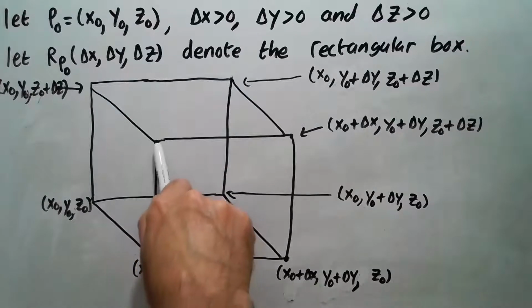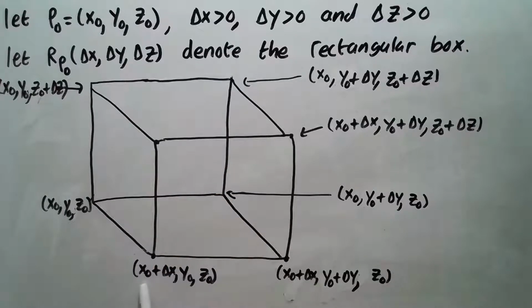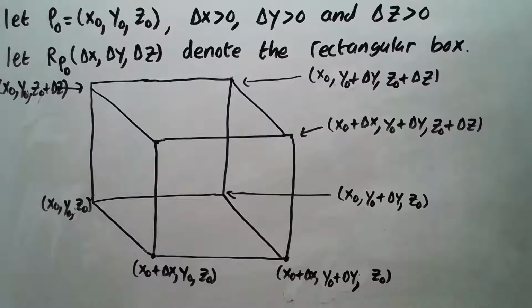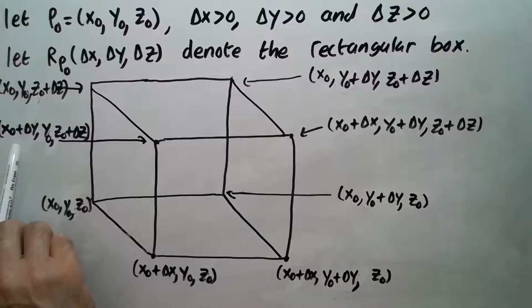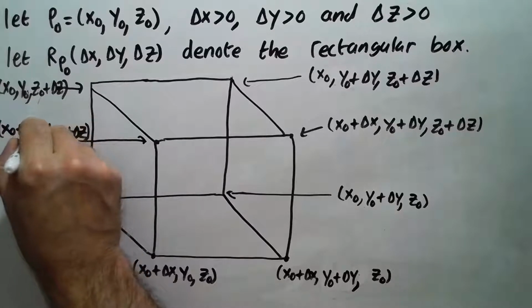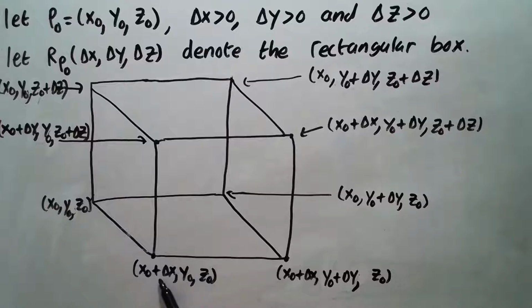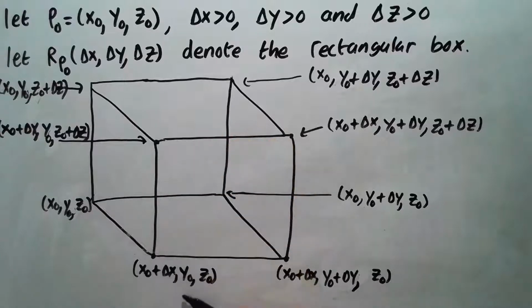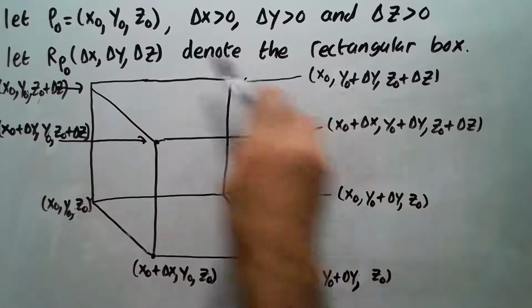And this vertex here that I haven't marked would be x0 plus delta x, y0, comma z0 plus delta z. So let me put that here. Okay, so the point would be x0 plus, whoops, it should be delta x here. Because you're going here and then keeping the same y, but you're moving up delta z on the z-axis. That'd be the point here. That's how I name these.